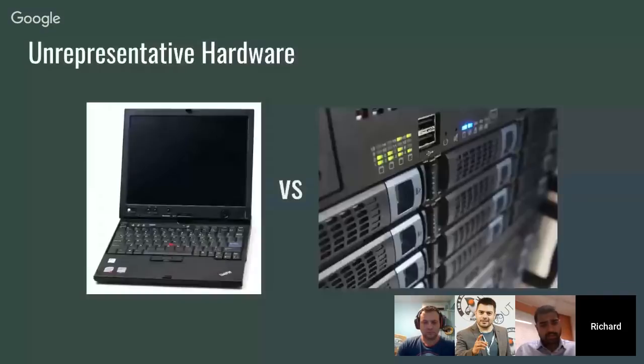So the next thing to start with is that development is not representative of production from a hardware point of view. Very few developers I know actually work on the same hardware as will be running in production. Most developers have a laptop that has maybe 2, or if you're lucky, 4 cores, maybe 8 or 16 gigabytes of RAM, and it's primarily optimized for power consumption.